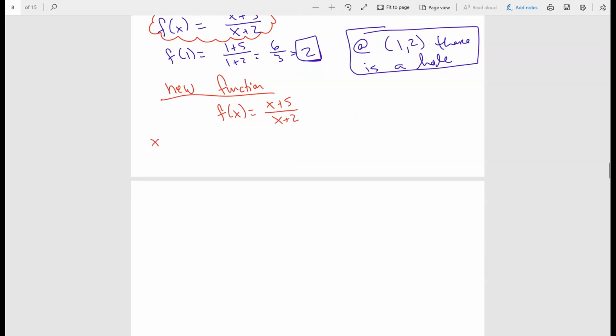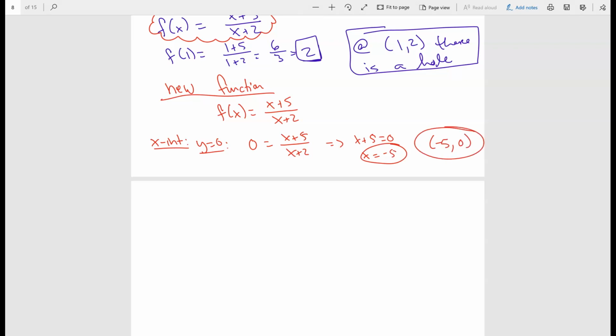Let's find the x-intercepts. The x-intercept, remember, is when y equals 0. You're going to get 0 is equal to x plus 5 over x plus 2. The bottom part is going to go away, so you're left with x plus 5 equals 0, so x equals negative 5. At negative 5 comma 0, you're going to have an x-intercept.